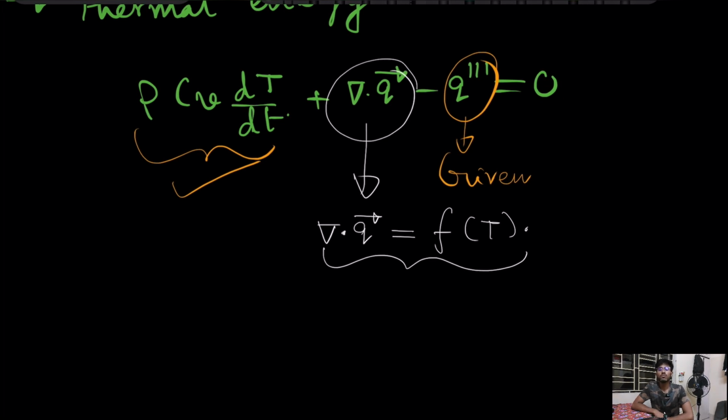So even if you are in your B.Tech, I always suggest that you should study the derivation of all the equations, be it Navier-Stokes, be it heat conduction or anything. You should learn it from scratch. You should go through the derivation.